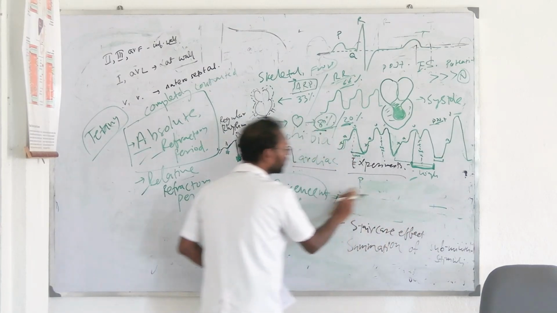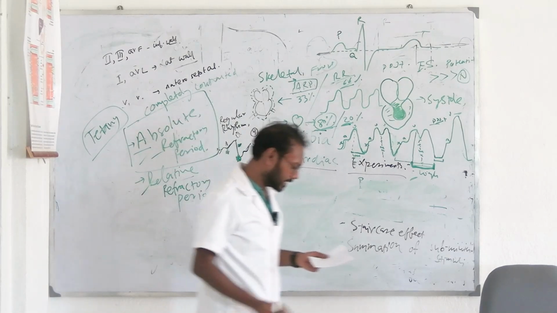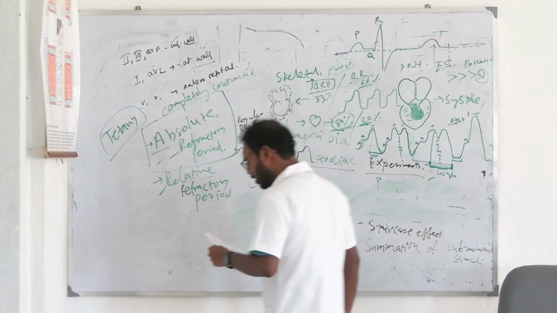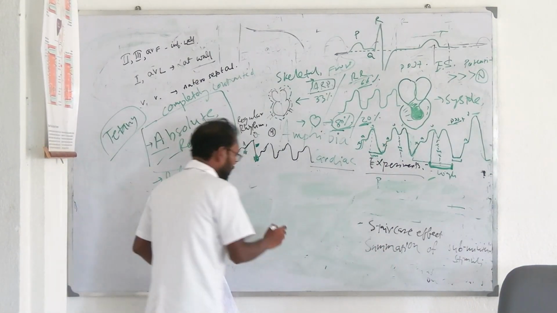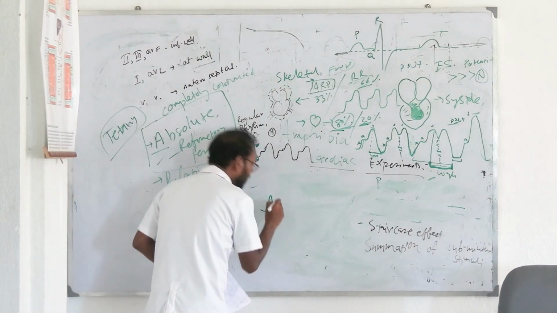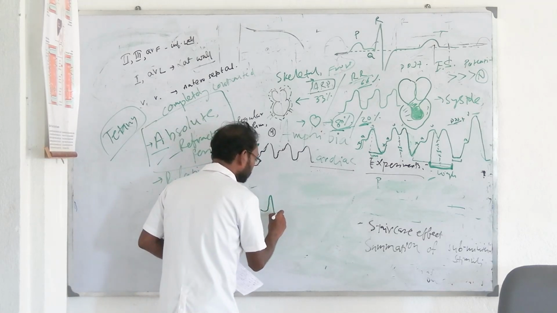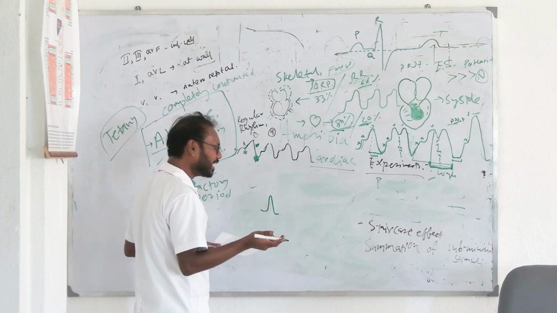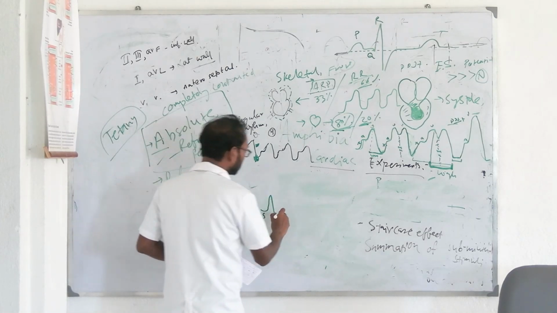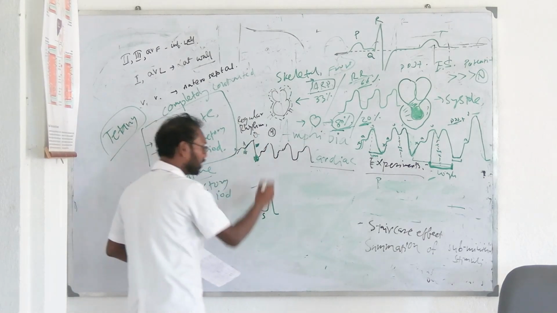নেক্সট তাহলে আমার কি রইলো, স্টেয়ারকেস এফেক্ট। নাও স্টেয়ারকেস এফেক্ট মানে কি? Increasing force of stimuli or force of contraction. Now আমরা কি করছি, আস্তে আস্তে ফোর্সটাকে বাড়াচ্ছি, ঠিক আছে? সো কিভাবে বাড়াচ্ছি? ফার্স্ট we are putting a stimulus here, then after that we are increasing the force of contraction itself.